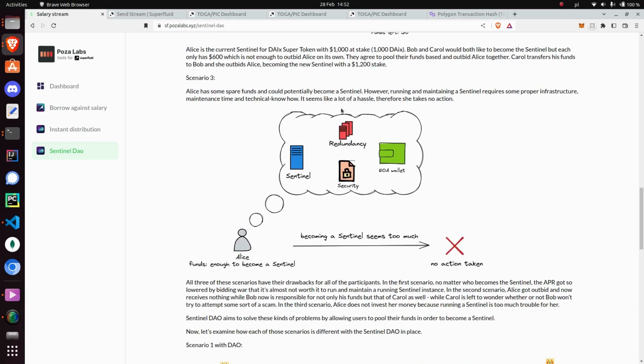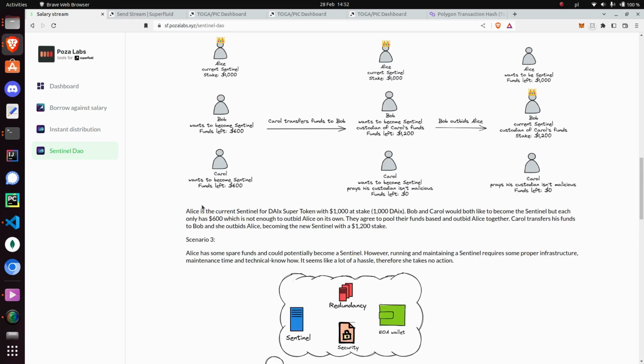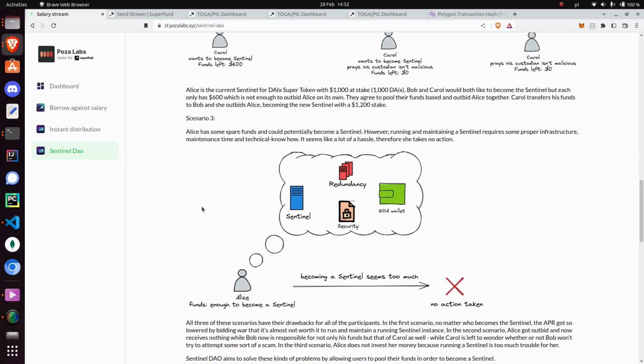And also let's consider another scenario where we don't look at the stake itself for a sec, but we have a person that could potentially become a Sentinel, but considers all the technical trouble too much because you have to run a Sentinel unit. It perhaps needs to be redundant in case you have some outage. It needs to be secure.